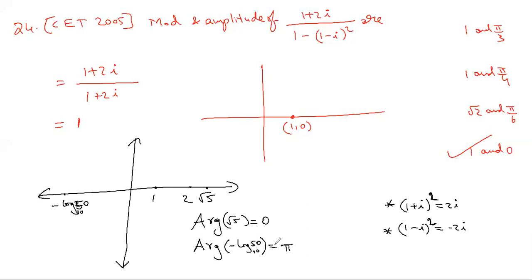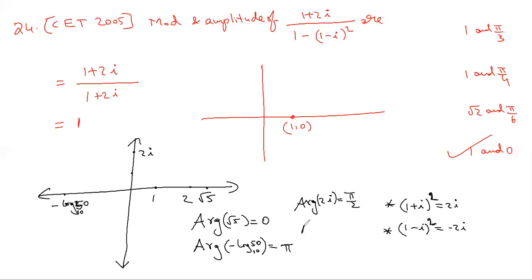pi. So the argument of any negative number is pi. And suppose 2i, so argument of 2i: any purely imaginary number with the imaginary part a positive number will have argument pi by 2.